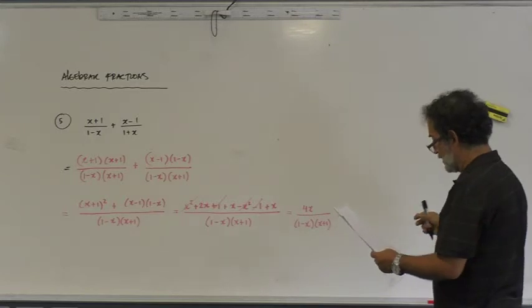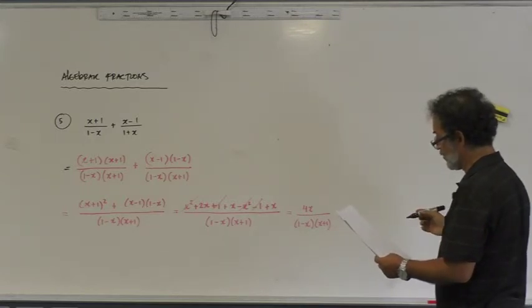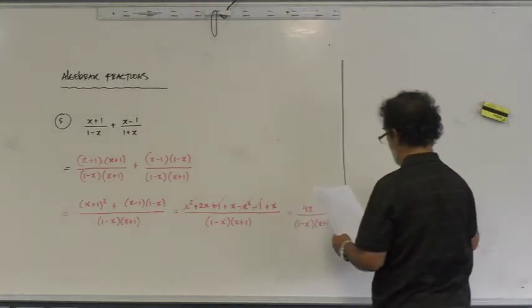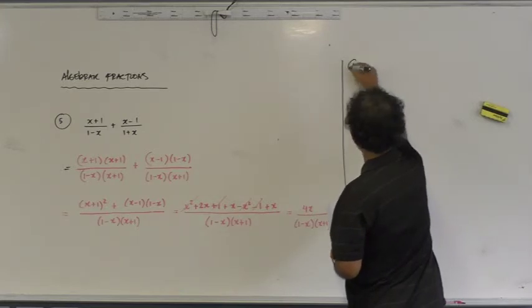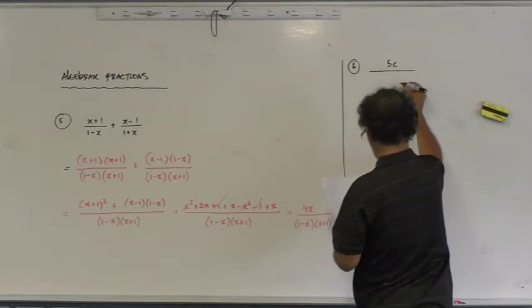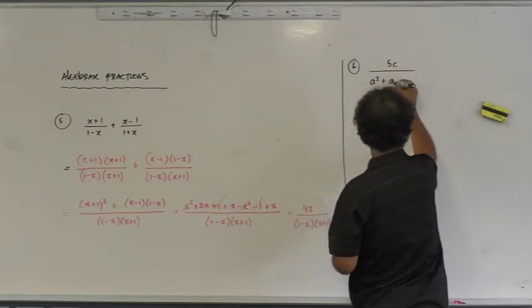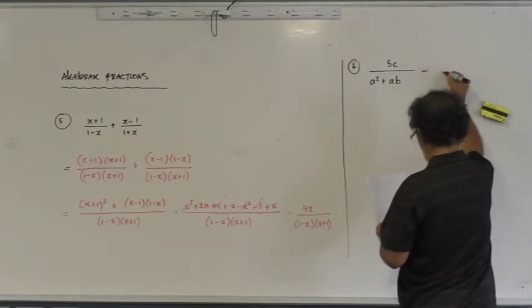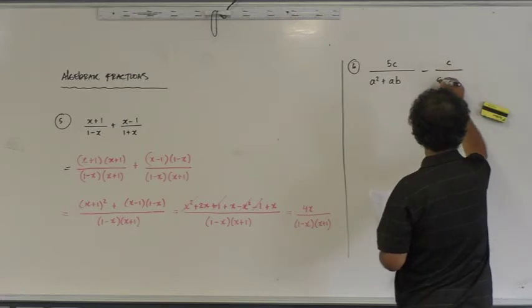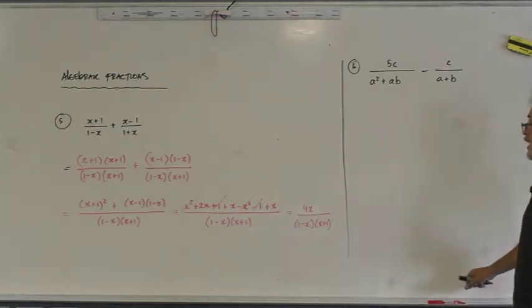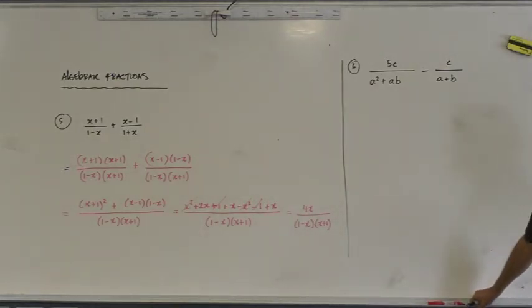Let's say that you have something like this. So this is question 6. So this is one of the questions in which you need to factorize first.